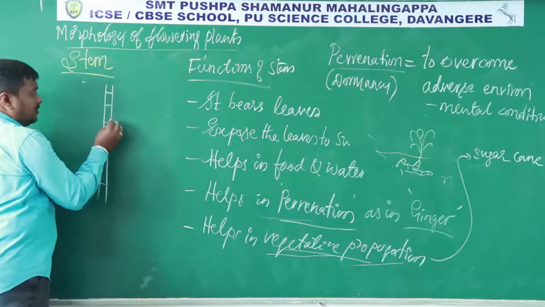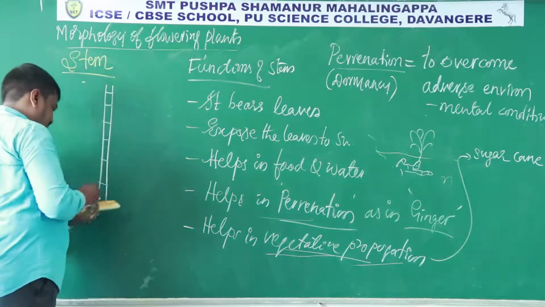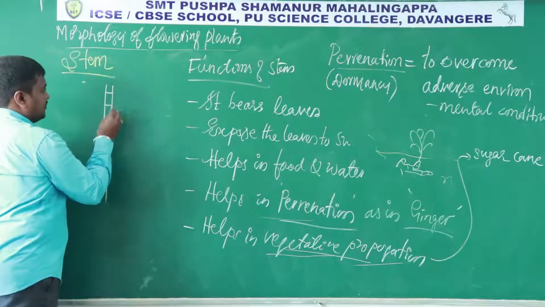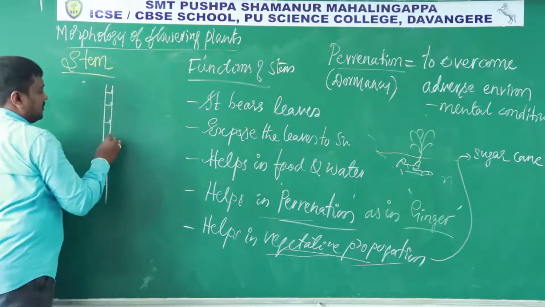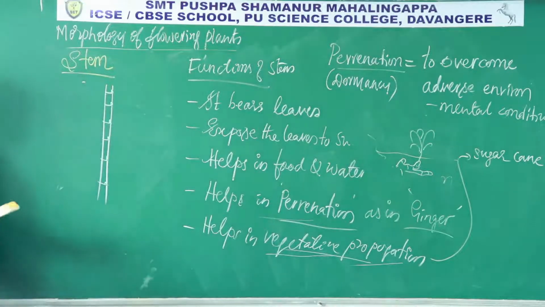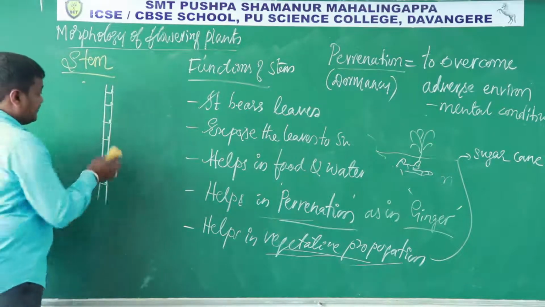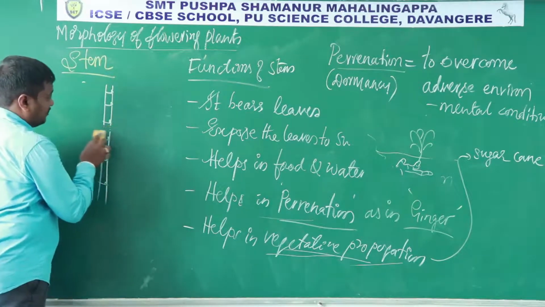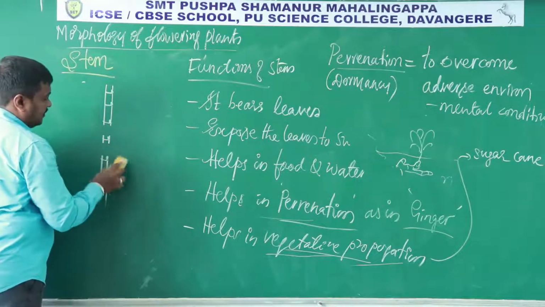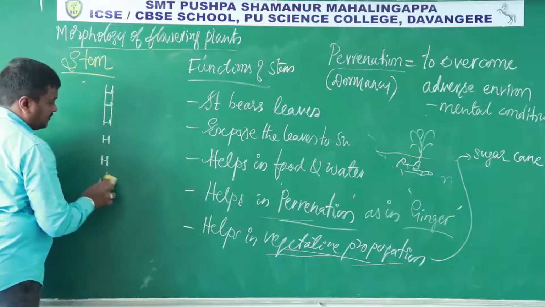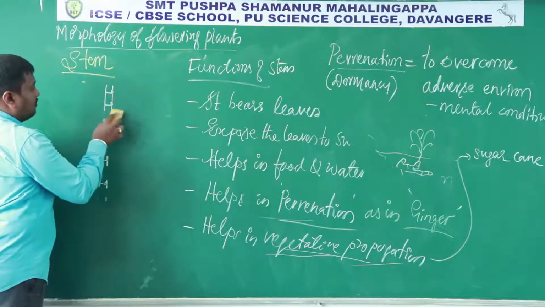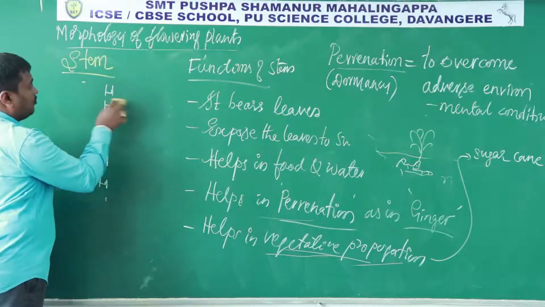This sugarcane node contains some buds, a small structure. These are nothing but the buds. So how do farmers grow sugarcane? They cut and remove the internode part, retaining only the nodal part.